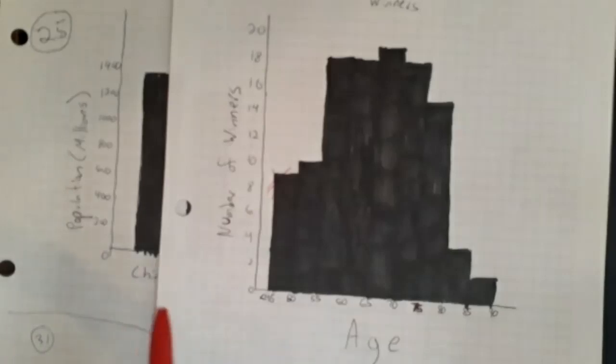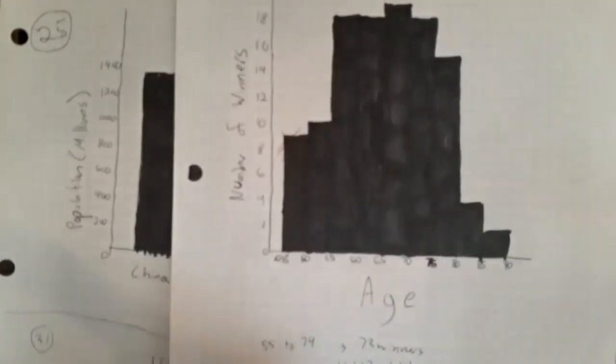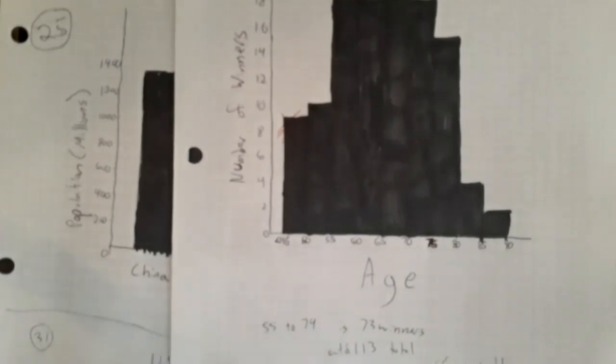Nobel Prize winners are between the ages of 60 and 80. Yeah, I went with 55, right? I think 55 is where it starts here, between 55 and 74 is what it goes up to. Most of those people, if we total them, that's 73 winners, out of 113 total winners.